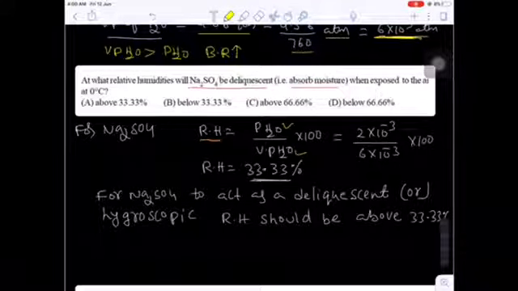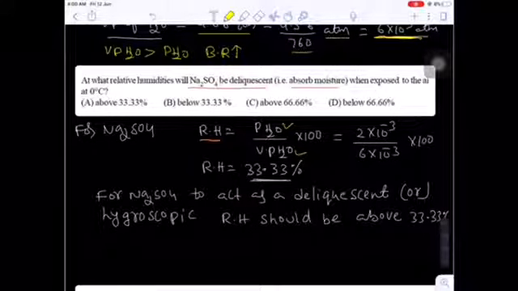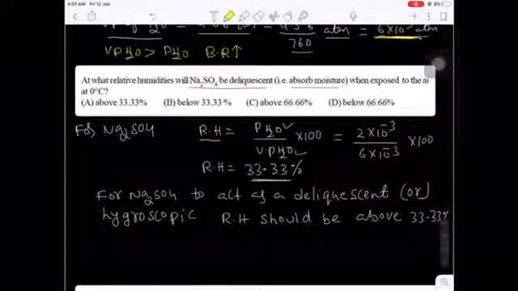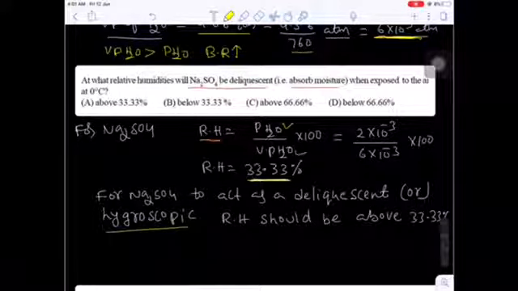Now after calculating the relative humidity, at this 33.33%, if the relative humidity in the atmosphere is exactly 33.33%, there will be no loss of water or gaining of water. That means the compound neither acts as an efflorescent nor as a deliquescent. Are you getting my point? Now the question is deliquescent. If the relative humidity is above 33.33%, then it will act as a deliquescent or hygroscopic substance.